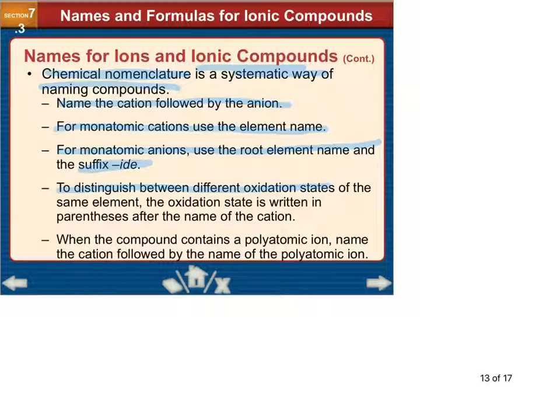And to distinguish different oxidation states of the same element, we use parentheses and a Roman numeral. And when the compound contains a polyatomic ion, name the cation followed by the name of the polyatomic ion.